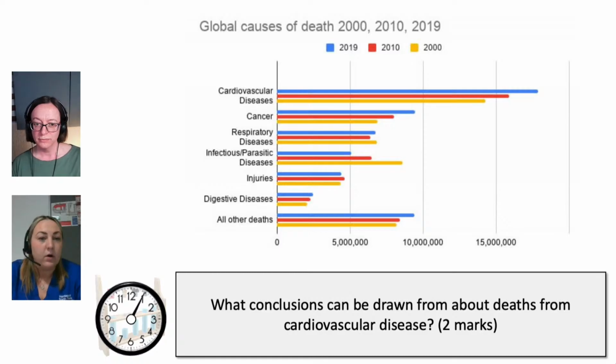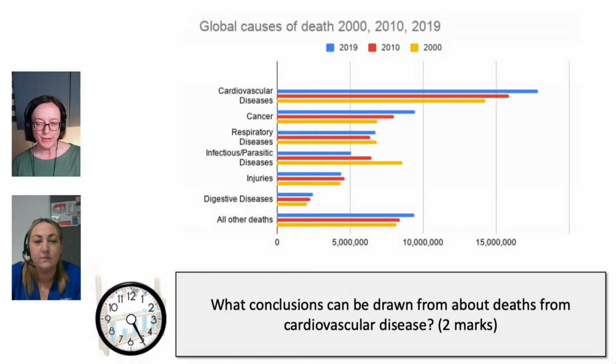I think it's quite important when you see graphs like this that you say what you see. I think a lot of students tend to overcomplicate a graph, whereas you literally just need to state the obvious. That's what the question is asking you. It's asking you to say what you see, isn't it? Yeah, it is. That's really good advice.